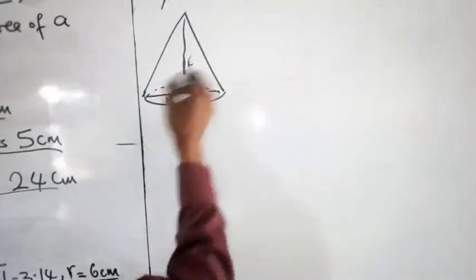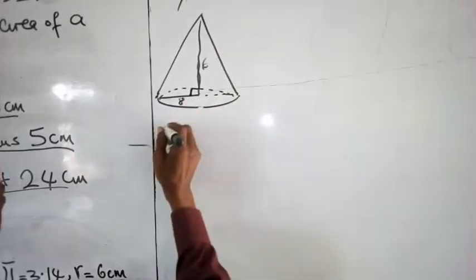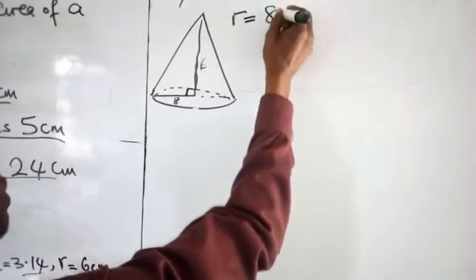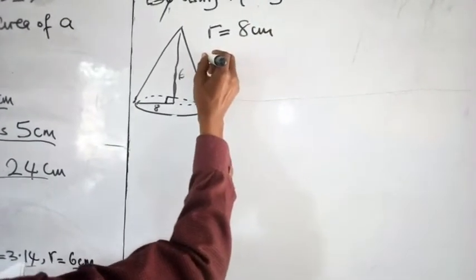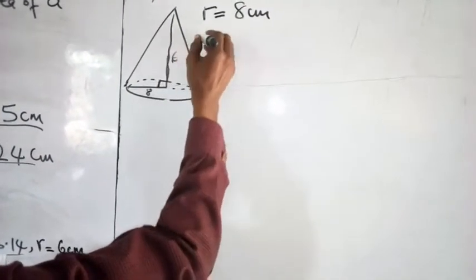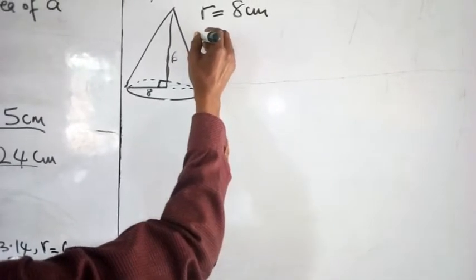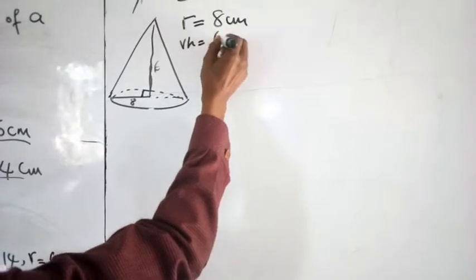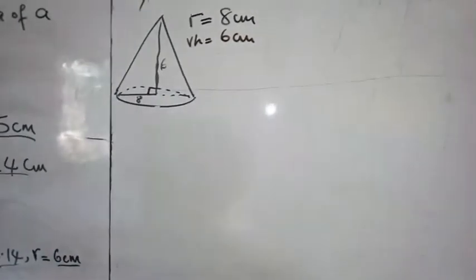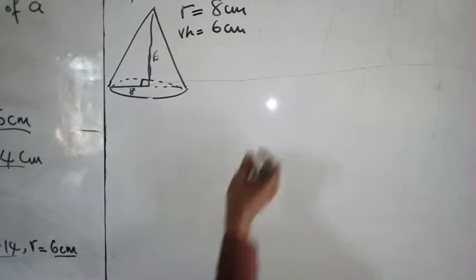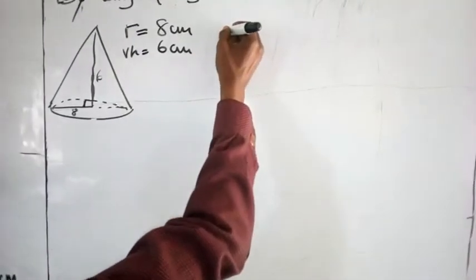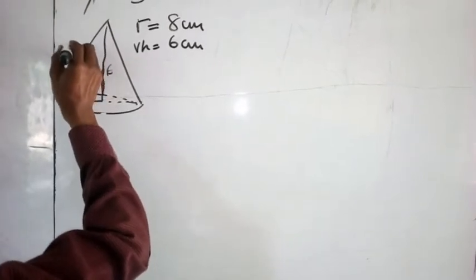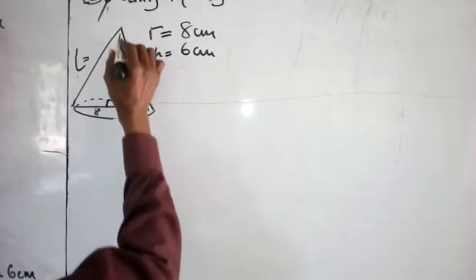So in this cone we can see the radius of this cone is 8 cm. Vertical height is 6 cm. So let's find it. Without wasting time here, let's quickly rush up that. Slant height is what we are looking for. This is it. We are looking for slant height, this side.